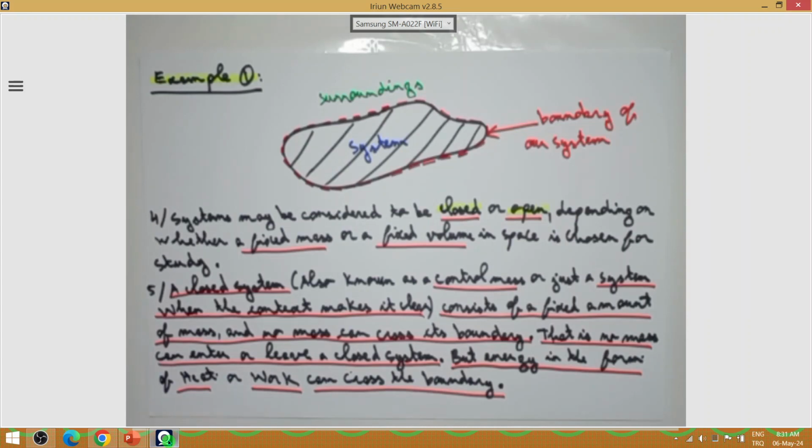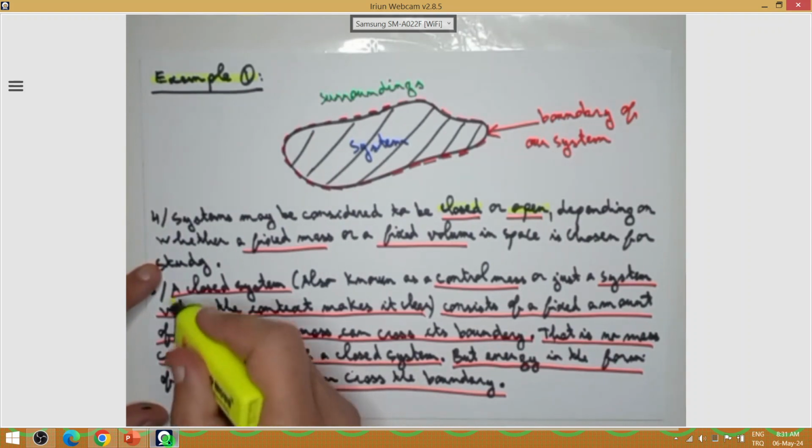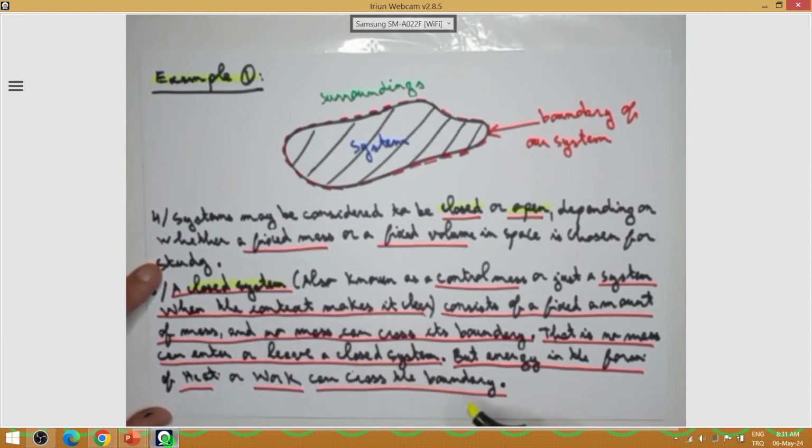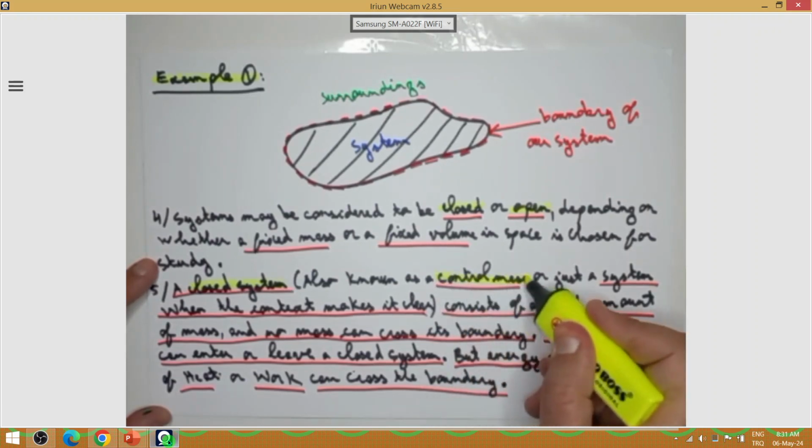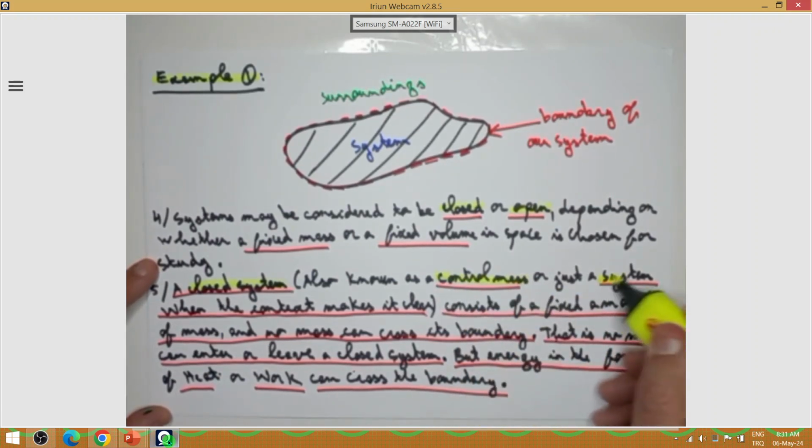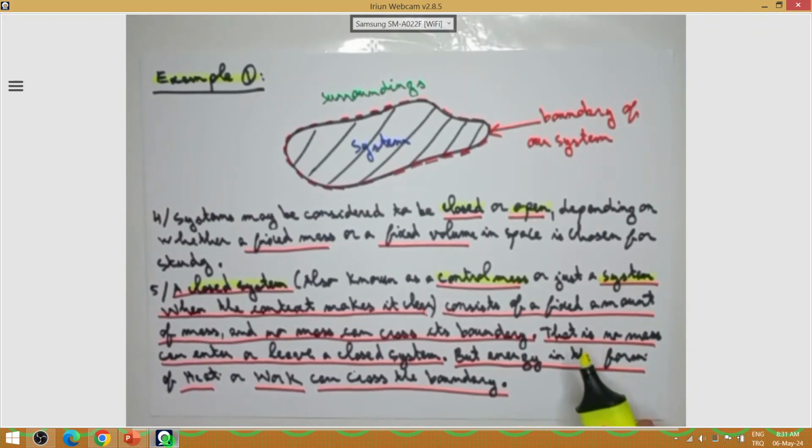Here I have a few keywords that I should highlight. I have the keyword closed system, and another keyword, control mass, or a system when the context makes it clear, consists of a fixed amount of mass and no mass can cross the boundary. That is, no mass can enter or leave a closed system, but energy in the form of heat or work can cross the boundary.